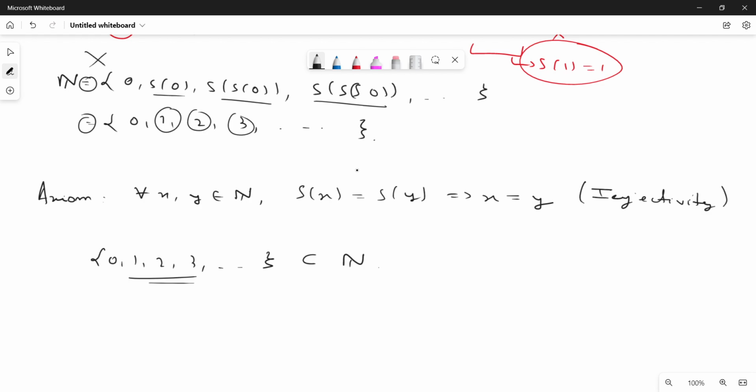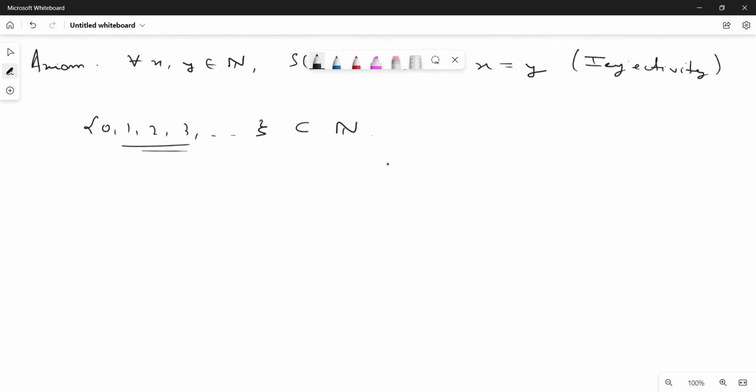That is, can the natural numbers have other elements than the iterated successors of 0? So we take N to be 0, 1, 2 and so on, union A and B, where A and B are symbols with meanings other than the iterated successors of 0.